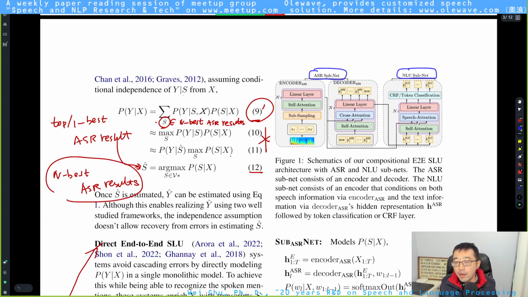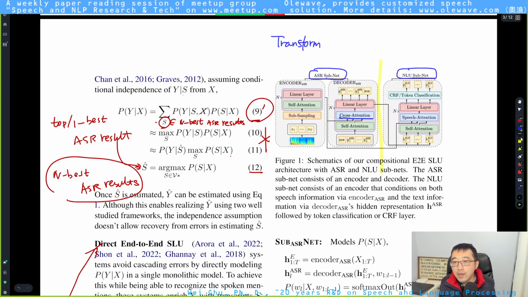For the ASR subnet, on the left side, you can see this is a transformer, especially the transformer decoder. It seems to me the encoder is also a transformer encoder. But the most important thing you want to remember is that there is a cross attention happening here.